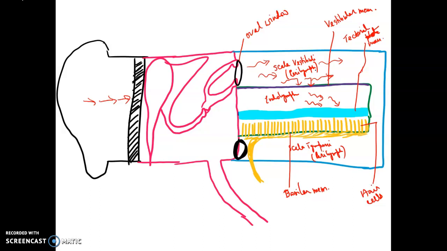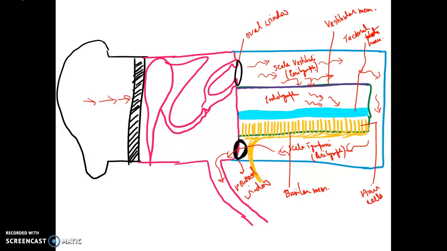Bending of the hair cells shoots out an action potential via the cochlear branch of vestibulocochlear nerve 8 or cranial nerve 8, and the sensory information travels to the temporal lobe of the brain. All the remaining pressure waves are transferred to scala tympani and they exit the inner ear via the round window. Do you see the round window in black? That's the round window. Let me label this.